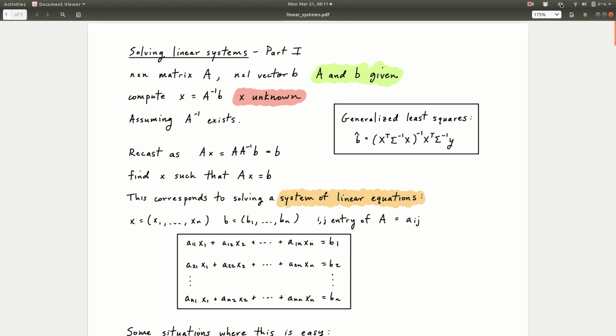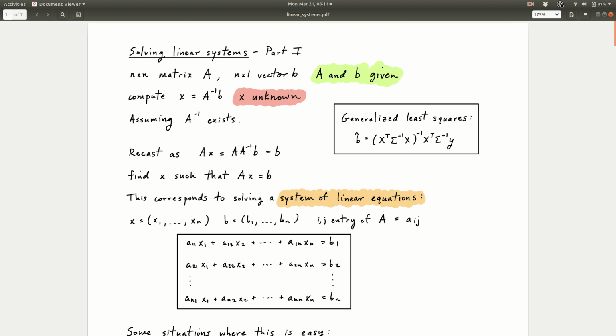All right, so the way this usually works is that we recast the problem in the following way. This is the expression that we're trying to evaluate up here. If we just multiply on the left by A, we get Ax equals A inverse b, which equals b.